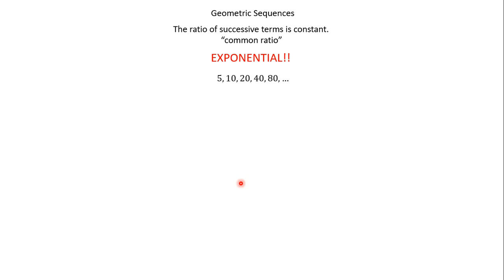An example of a geometric sequence would be 5, 10, 20, 40, 80. What are we multiplying by each time? Times 2. That would be our common ratio. So we have our general rule, our equation, and that will be the first term times the common ratio to the n minus 1.